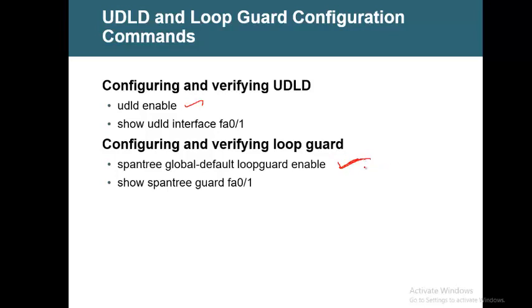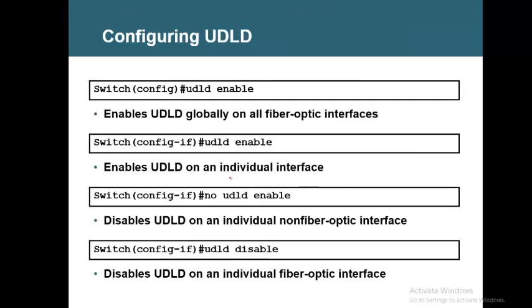This is the command: spanning-tree global default loop guard enabled. UDLD can be enabled at the global level or interface level. UDLD is mostly a fiber optics problem; in fiber optics, this is the hardware failure you will see.